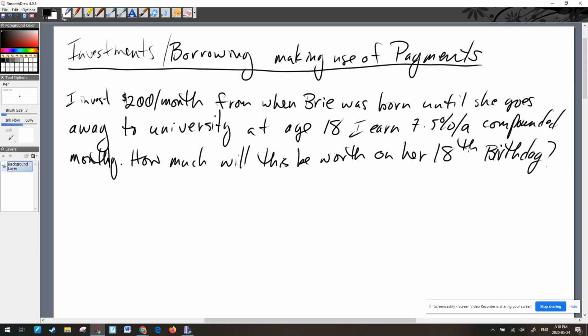So, if we absolutely 100% unequivocally needed to figure this out and we didn't have access to TVM solver, here's what you'd need to do. You'd have to think about these as each being their own investment. So the first $200 I put away gets to grow for the entire 18 years, and so you'd figure out what it's worth. And then the next month I put away $200 and it would grow for 17 years, 11 months, right?